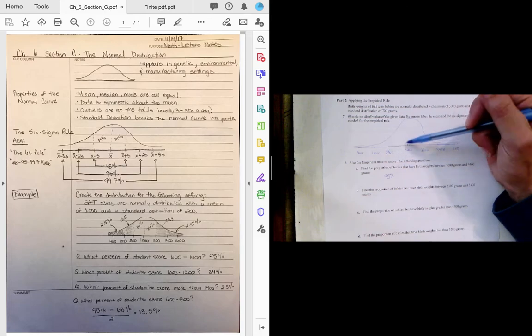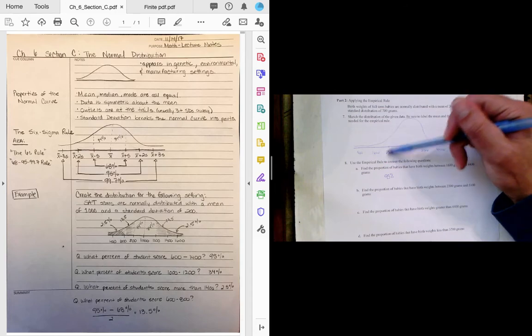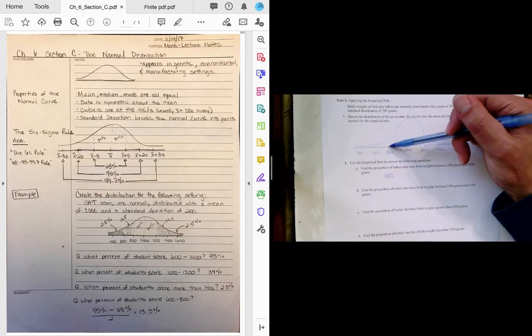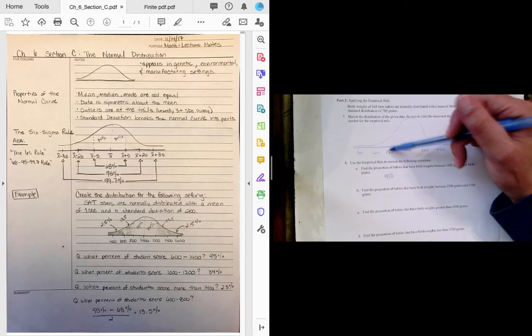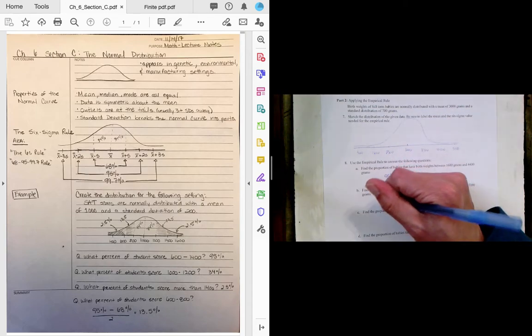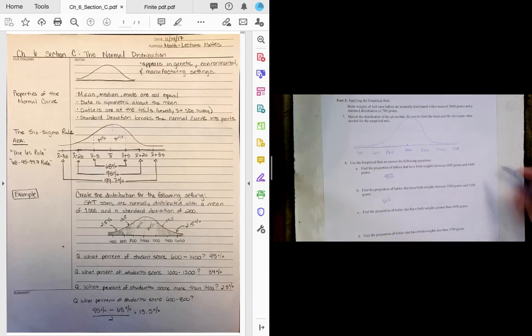I'll do one more. Find the proportion of babies that have birth weights between 2,300 and 5,100 grams. Remember that 2,300 to 3,000 makes up 34% of the data. Remember that 23 lies on the 68% rule, but if I wanted to just go from 23 to 3,000, that would just be half of the 68 rule. So I'm going to write that out as 34%. And then to go to 51, remember 51 is way out here at 99.7% of the data that goes from 900 to 51.